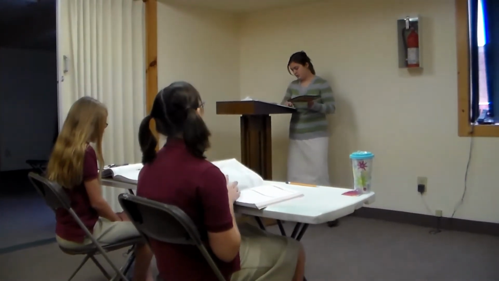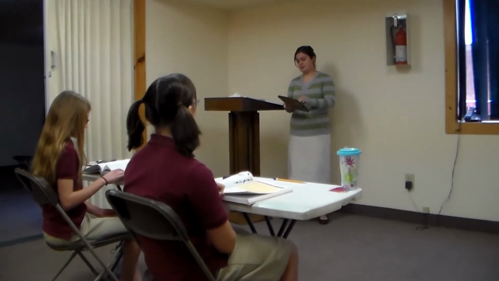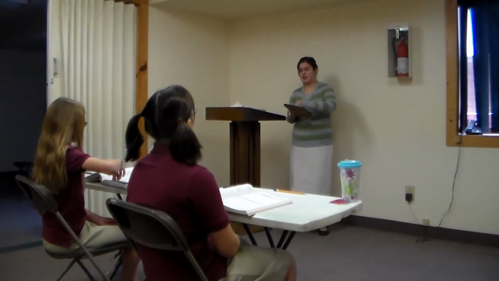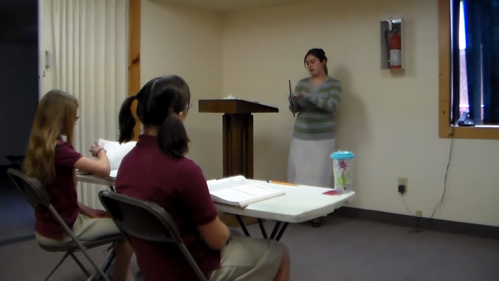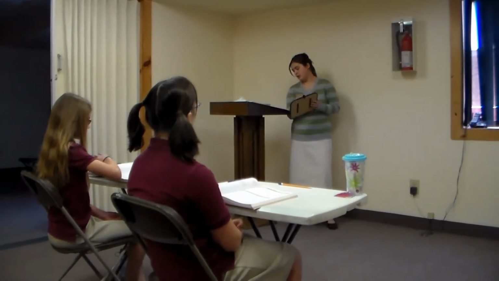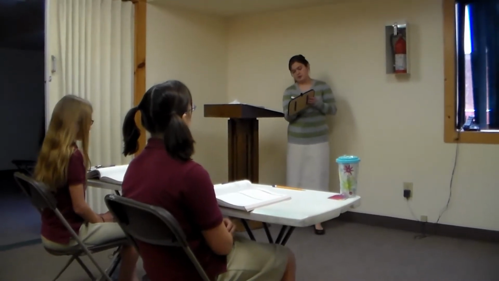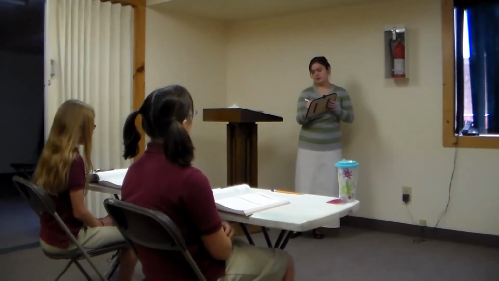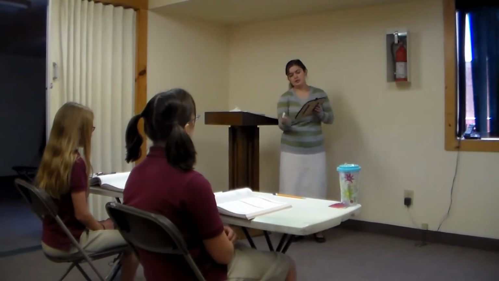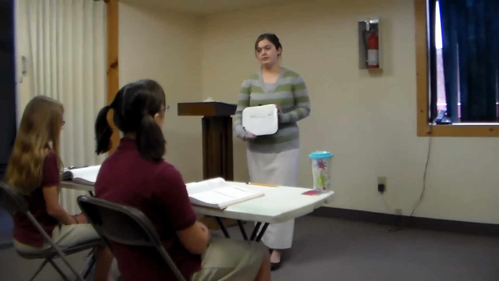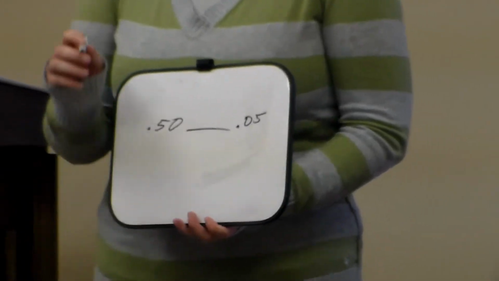Now we have comparing decimals: greater than, less than, or equal to. Sometimes it can be kind of tricky. We're going to take 0.51 hundredths and compare it to 0.05. Now, which one of these is bigger? Callie: 0.05.